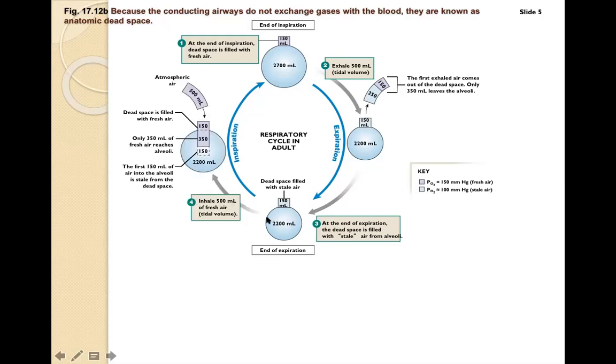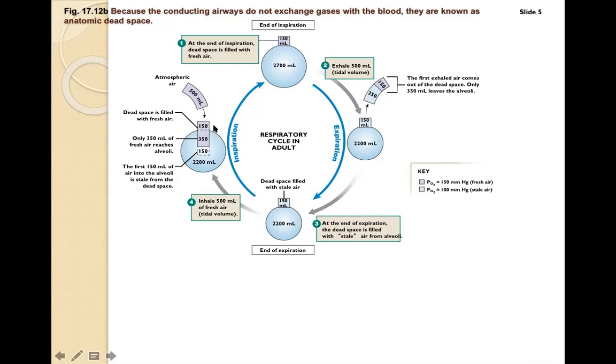And so when we take in a new 500 mils of air, the first 150 mils is not fresh air, that's stale air. The next 350 mils of air is actually fresh air that's reaching the alveoli. And the last 150 mils that's actually coming from that 500 that we're taking in from the atmosphere is staying in our trachea.